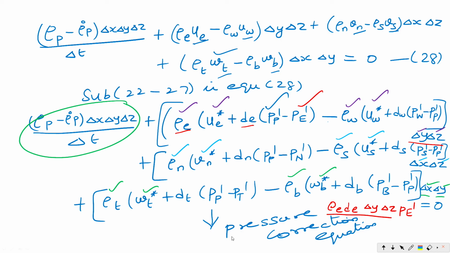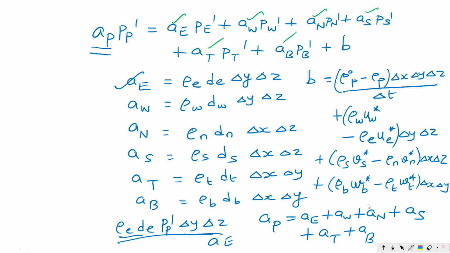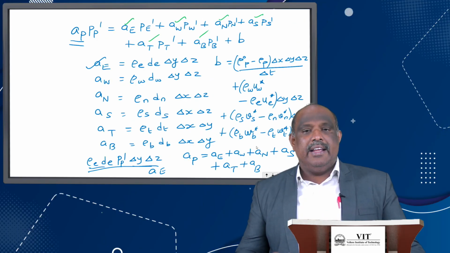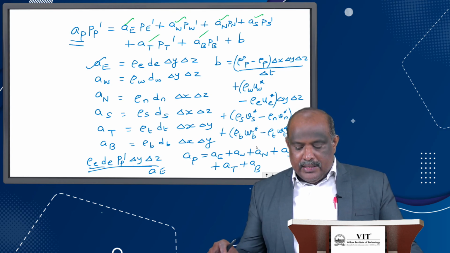So this is nothing but my AW. Here I will get AW, here AN, here AS, here AT, here AB. All the terms have Pp dash as a common term. So you take Pp dash as common, and within the bracket it will become AE plus AW plus AN plus A south plus A top plus A bottom. All these terms are once again going to be constant, so you call this constant AP. AP is nothing but AE, AW, AN, AS, AT and AB.